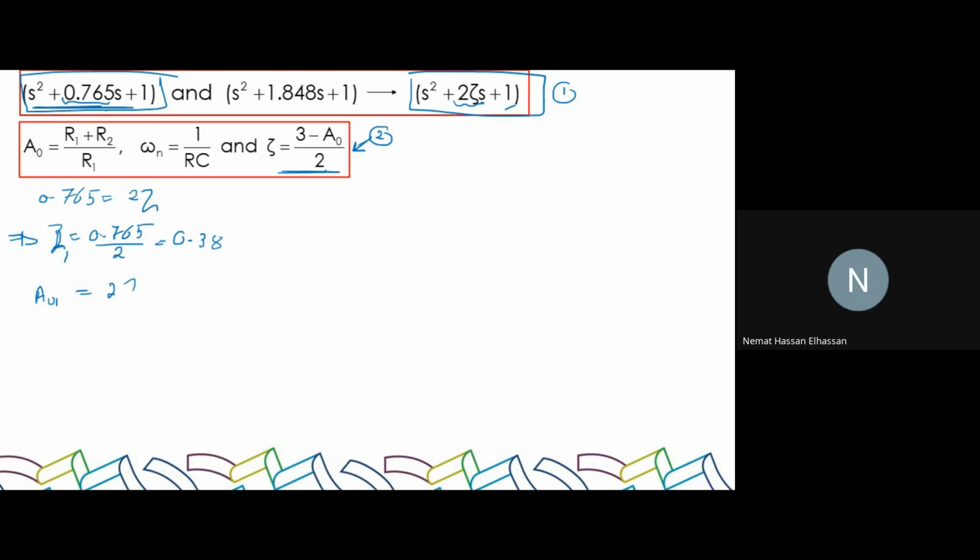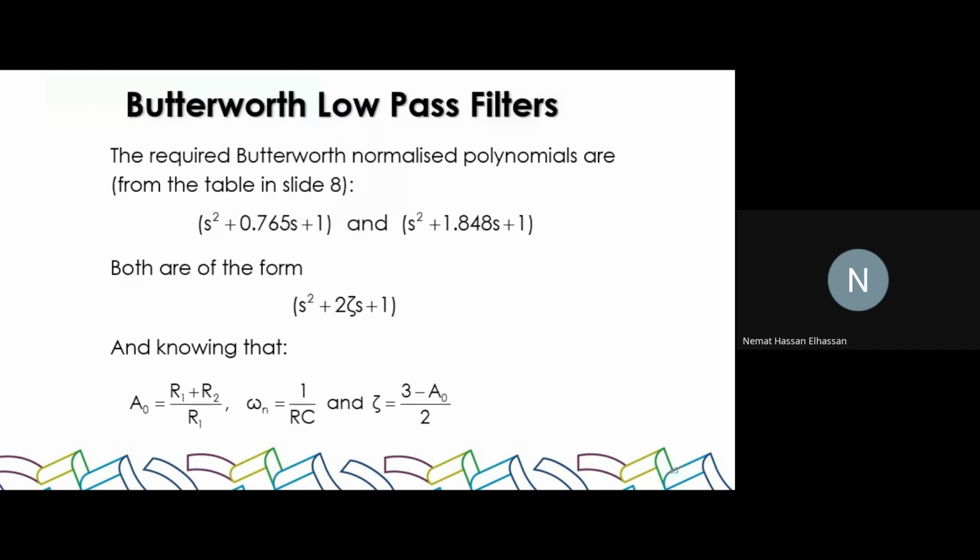So A01 is equal to 3 minus 2 times zeta 1, which is 3 minus 2 times 0.38, which is 0.765. So A01 is equal to what? Approximately 2.23, almost.